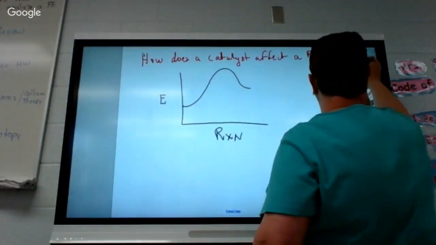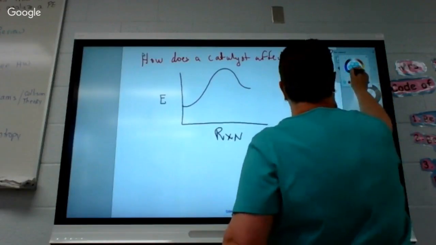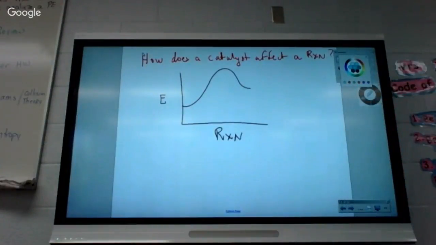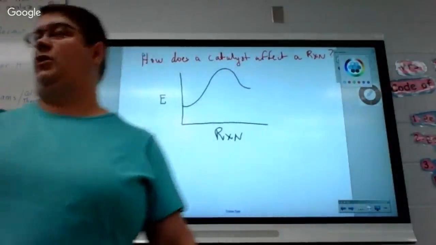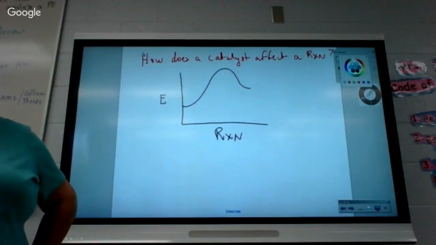If I add a catalyst, how, let me change color a little more. Not quite that much. How is it going to change my potential energy diagram? What's going to happen to it? Any ideas? All right, it's going to speed it up. So how's it going to change in that diagram? If it's going to speed it up, what's it going to do to the diagram?